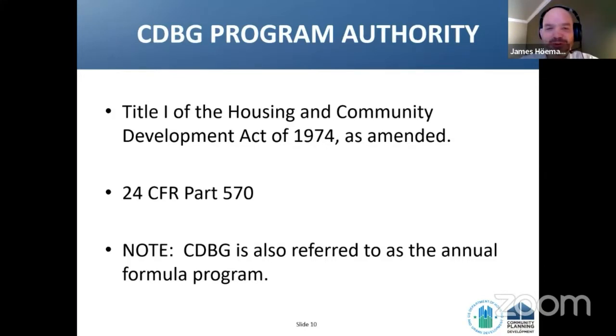But we're just a small section of those community development laws. But we have been around since 1974. The CDBG program was created from a bunch of other programs, like the open space land program. There was a public facilities loan program, and you can see how they brought together pieces and parts of all of these programs into the statute itself.